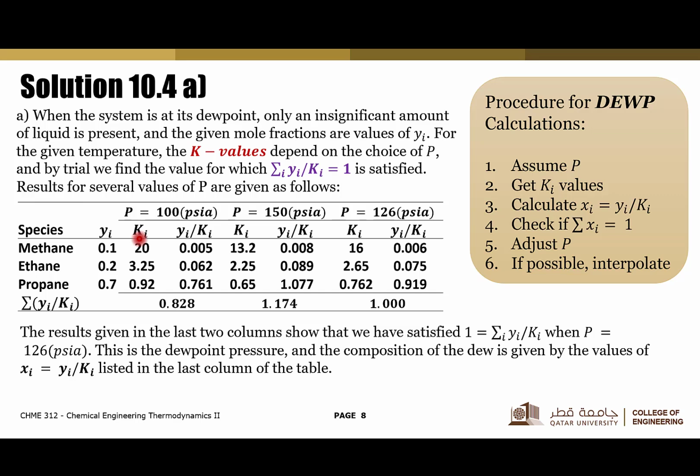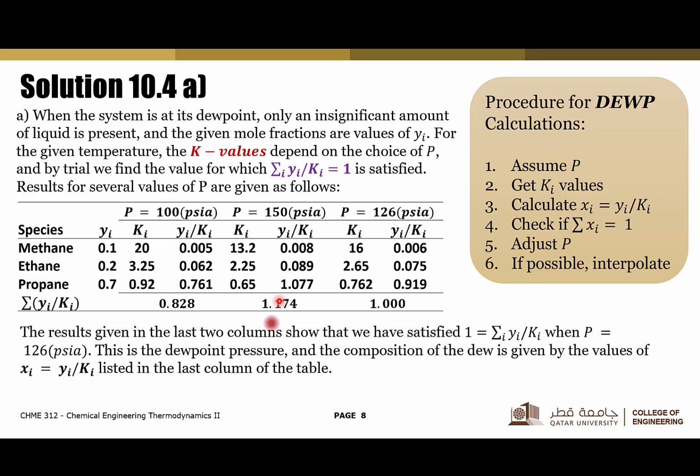So if I divide Yi by K, I get X. That's the calculation here. This is my X composition. We take the sum of all of those and we get this value. Does that make sense? No. Why? It should equal 1. So that means the dew pressure is not 100. Then we try 150. We do the same thing. We do the X calculations.